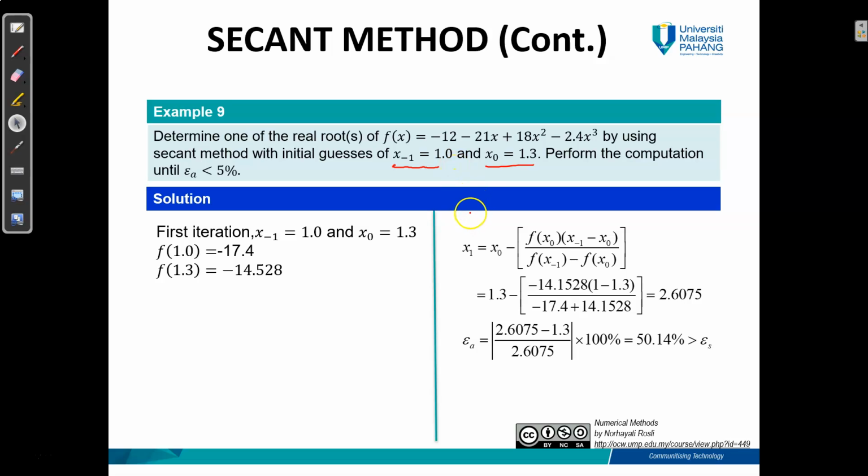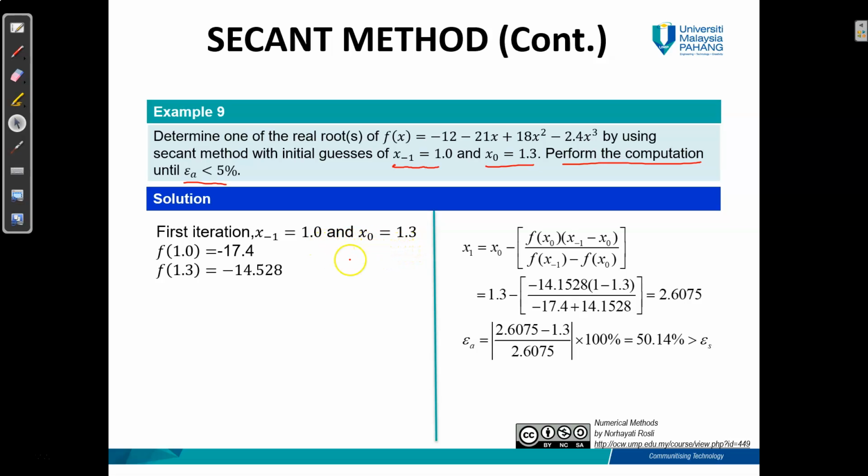So class, here the question already gives us initial guesses of x minus 1 equal to 1.0 and x naught equal to 1.3. And then the question asks us to perform the computation until epsilon a is less than 5%. In the first iteration, we have x minus 1 given in the question as 1 and x naught equal to 1.3.